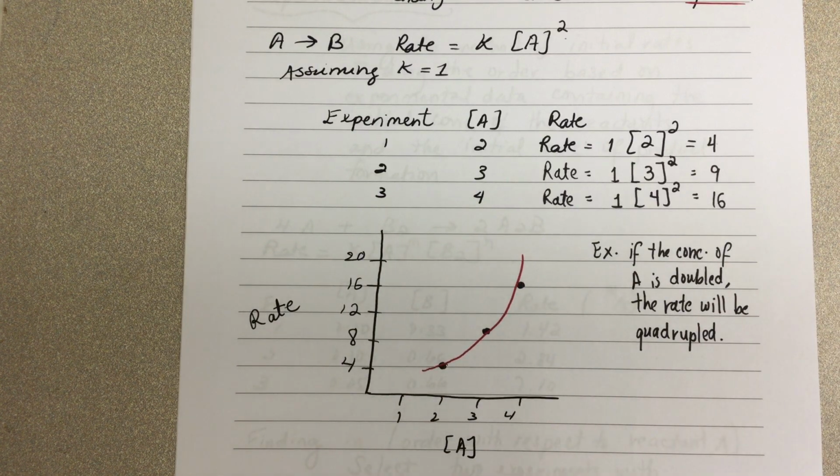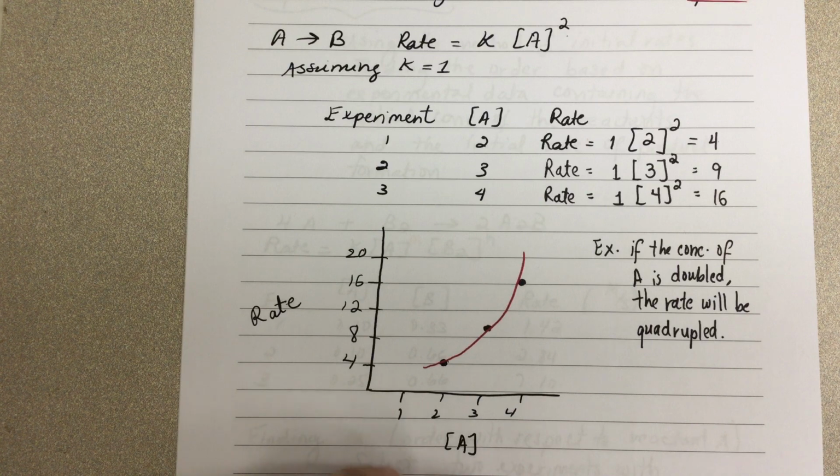So if you're doing an experiment and you have concentration of your reactant and you're determining the rate experimentally, you can do the graph, and from the shape or how the graph looks, you can determine if the exponent is 0, 1, or 2. Okay. So if you do your experiments, you can change concentration, you can determine the rate, and you can prepare a graph, rate versus concentration.